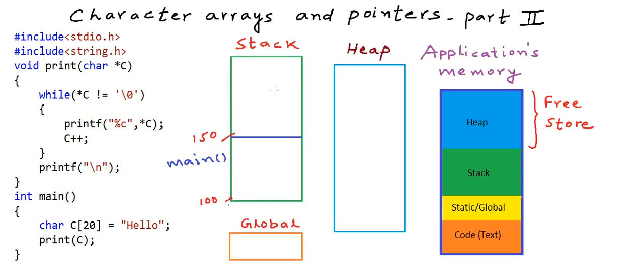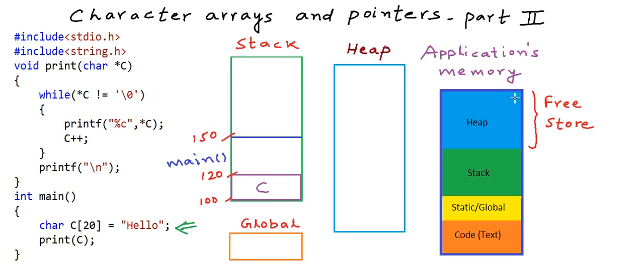So let us say in the stack the memory increases from bottom to top. All the local variables of a function go into the stack frame of the function. So when we declare a character array, 20 bytes from this stack frame will be allocated for this particular character array. Let's say they are allocated from address 100 to 120. Each character is stored in 1 byte, so we need 20 bytes for a character array of size 20.